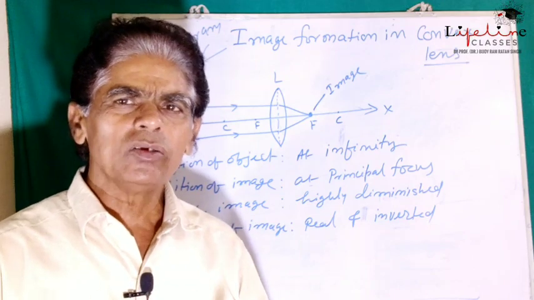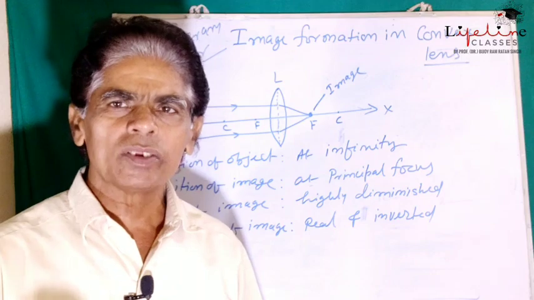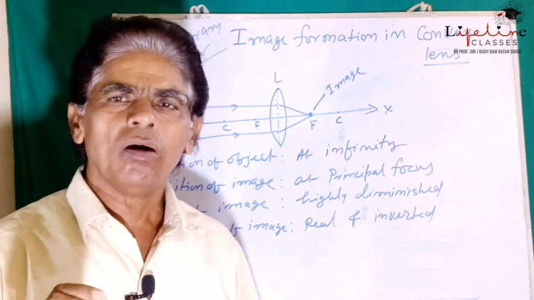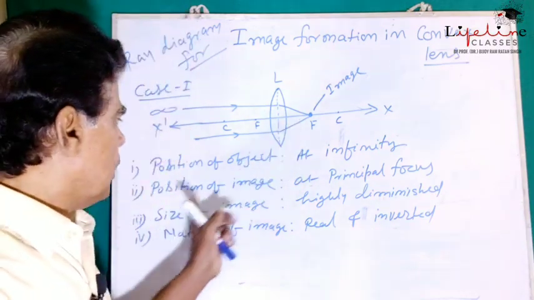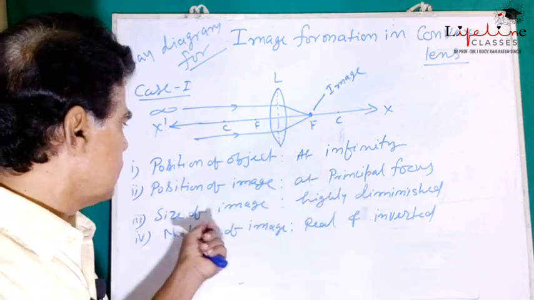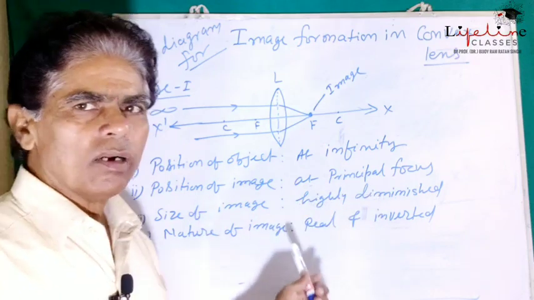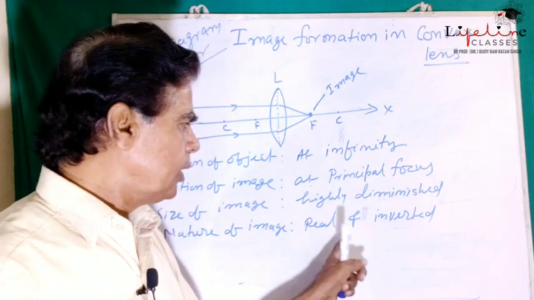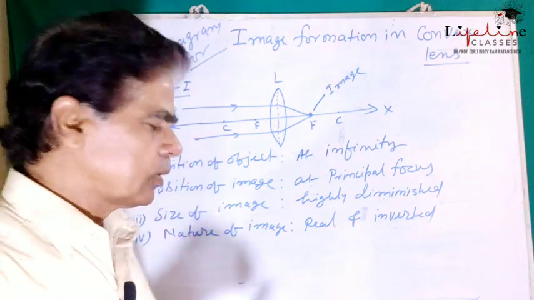So the size of the image is very small, that is, it is of point size and extremely tiny or infinitesimally small. The position of image is at principal focus, size is highly diminished, and nature? What is the nature of image formed by the convex lens? It is real and inverted. So this is the first case.